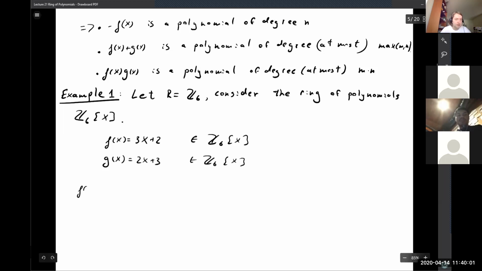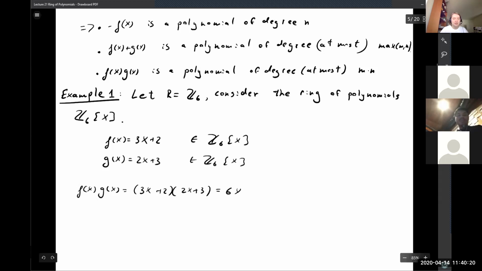So f of x times g of x is 3x plus 2 times 2x plus 3. The formula for the multiplication of this kind of truncated formal power series would give pretty much what you expect.